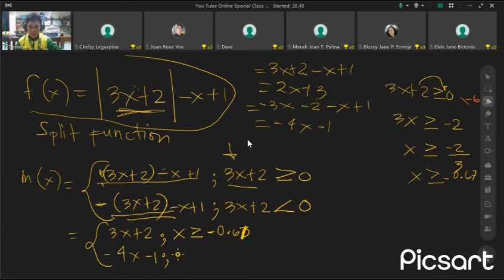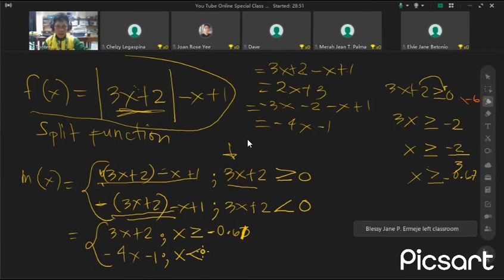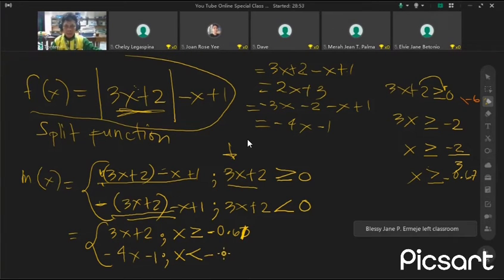On the positive side, your x must be greater than or equal to negative 0.67. On the negative side, x must be less than negative 0.67. What are numbers greater than negative 0.67 and what are numbers less than negative 0.67? We will use that in sketching the graph of this function.